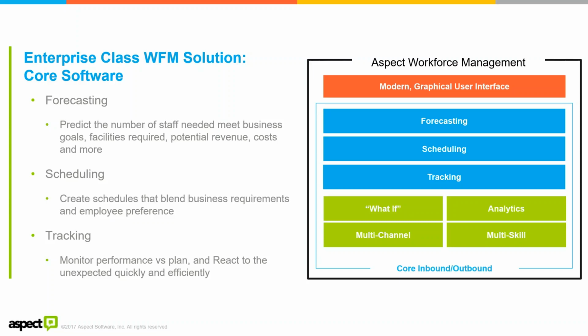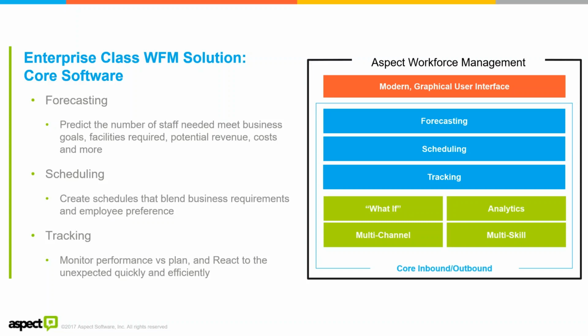The results of forecasting then can be managed in the scheduling engine. Am I creating schedules based on legal templates? Am I creating schedules based on a blend of the employee's preferences versus the business need? Or am I generating an inventory of time and the employees are literally building their own schedule?